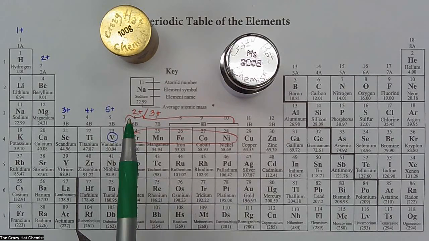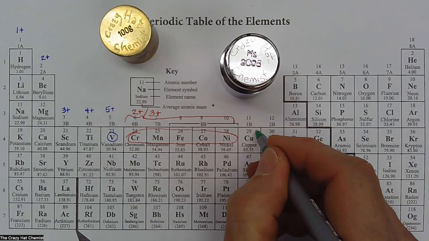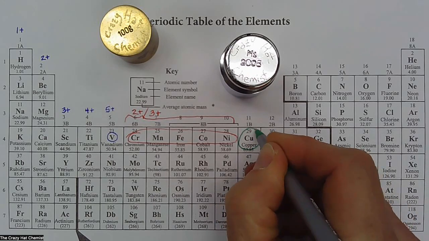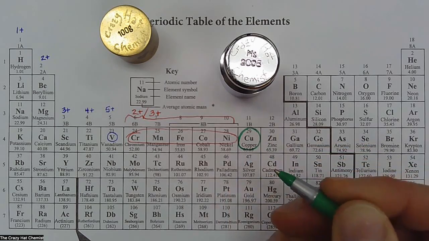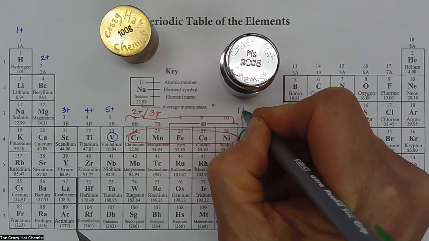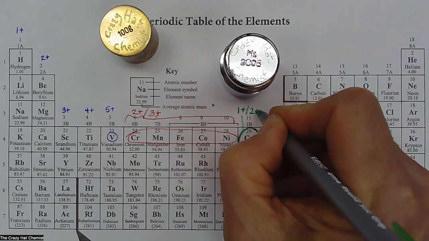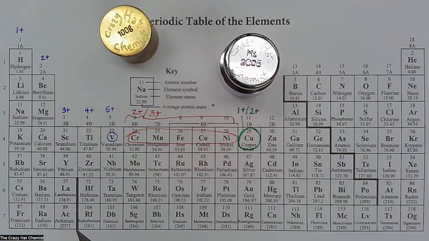That means you've been traveling too fast, at a speed of 2 and 3. You're going to have to slow down because you have just hit a copper behind you. That's a police officer. So you're going to slow down to 1 and 2. That is, copper has a 1+ and a 2+ charge.